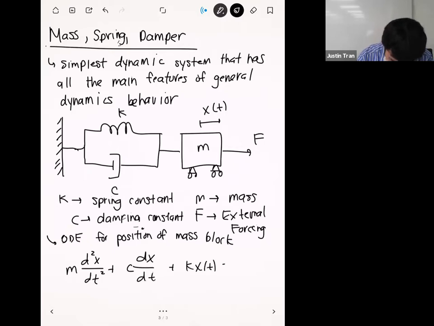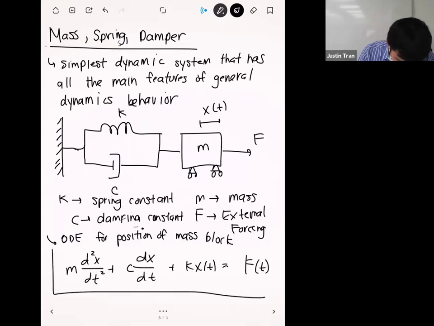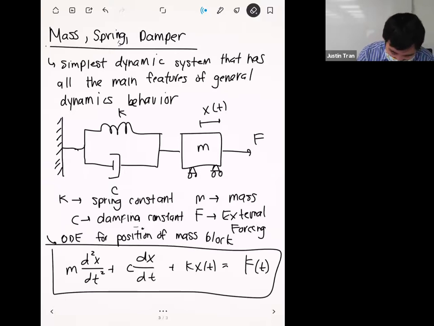Then we have the spring term, which is our spring constant K multiplied by x of t. And this is all equal to our external forcing F of t.